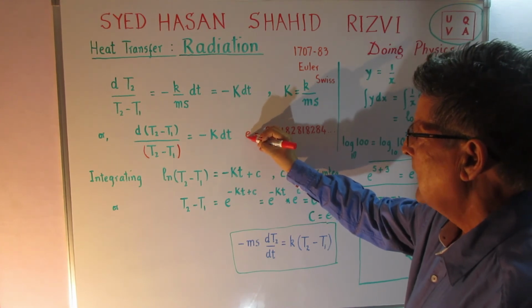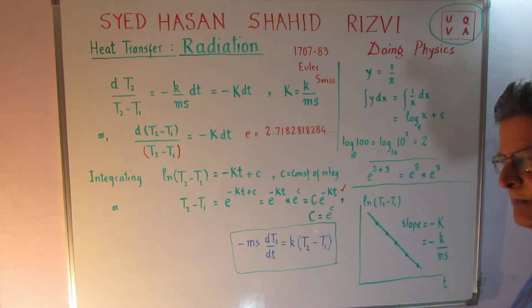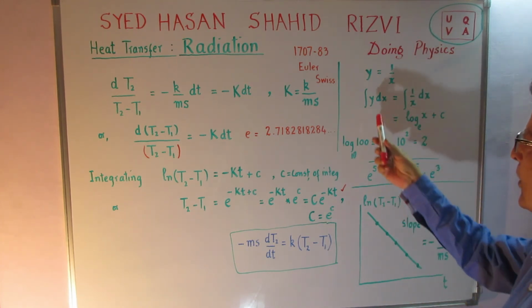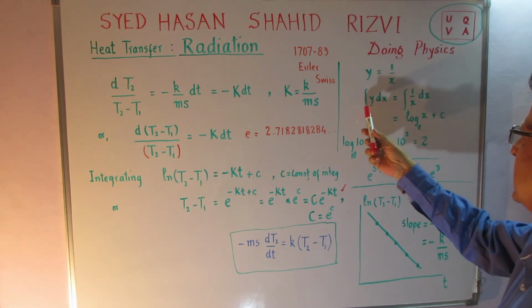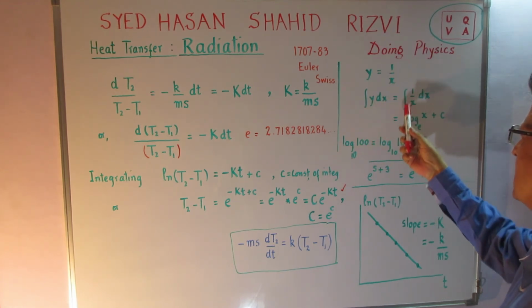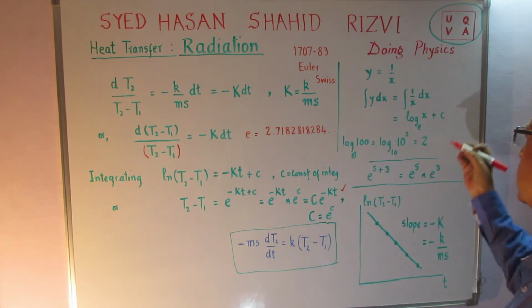And I have just shown over here that if y is equal to 1 upon x, and we try to integrate with dx, the integral of y dx is equal to the integral of 1 upon x dx.